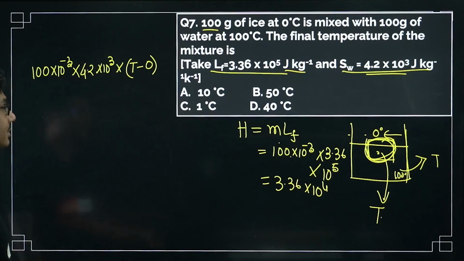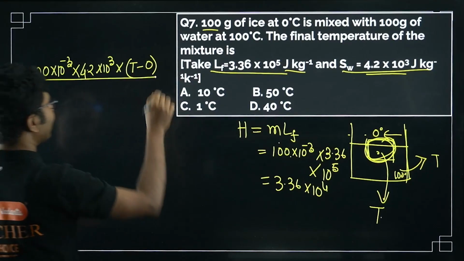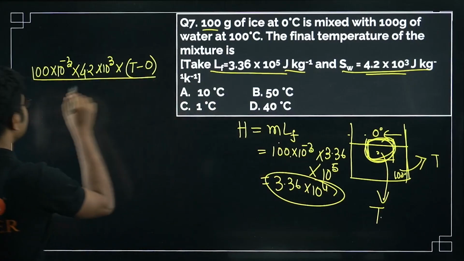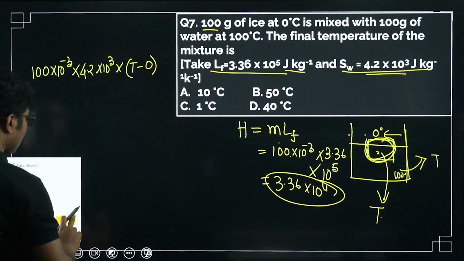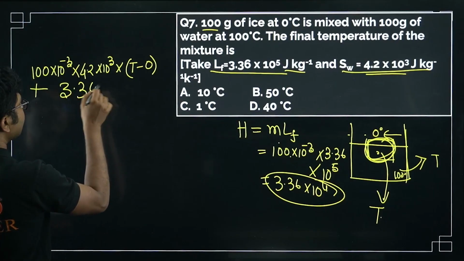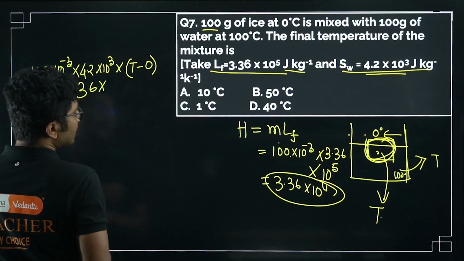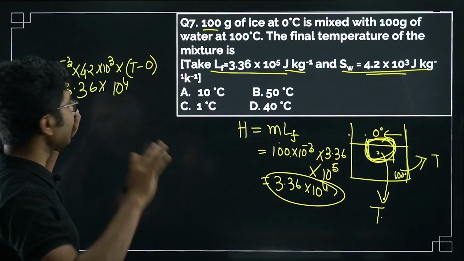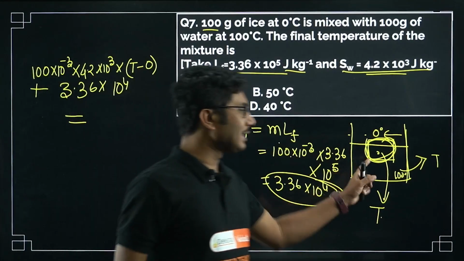This part of the calculation is based on the ice, and according to the law of calorimetry, this plus 3.36 into 10 to the power of 4 is the heat attained by the ice only, and that equals the heat supplied by the hot water.